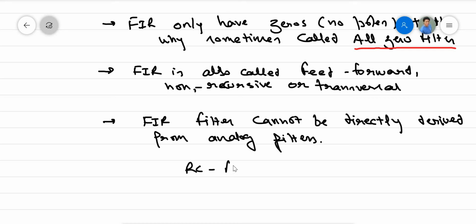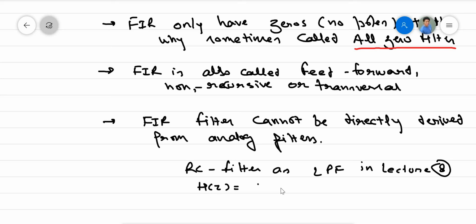In that particular case, the transfer function we got H(z) is equal to (1 minus alpha) over (1 minus alpha z inverse) with ROC mod z greater than alpha.